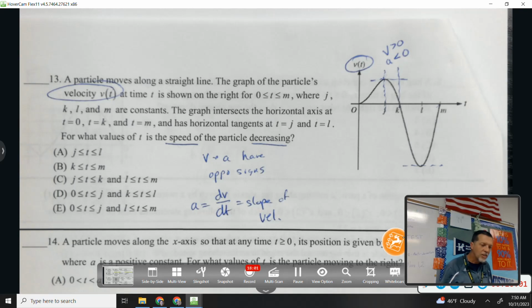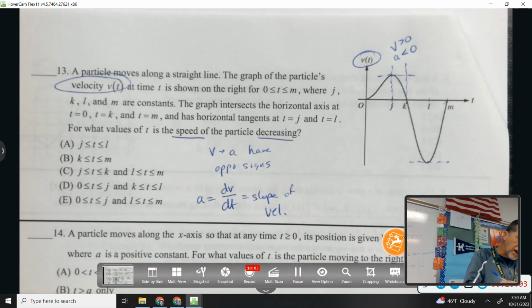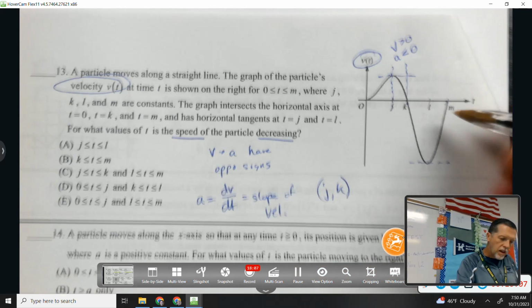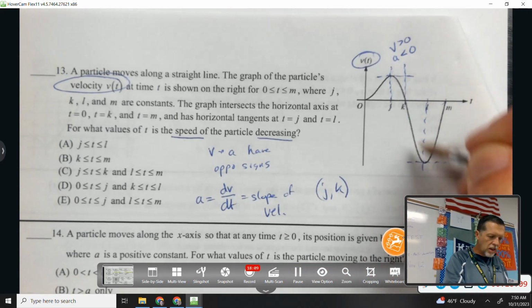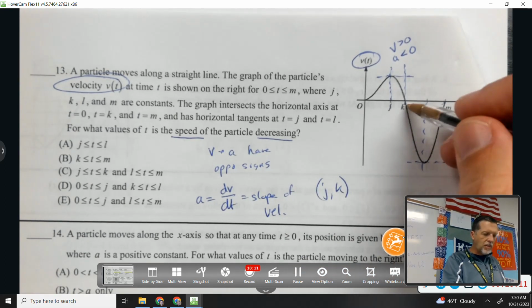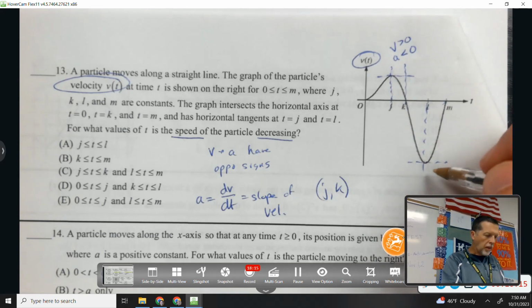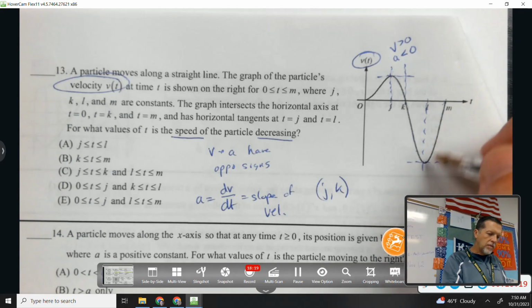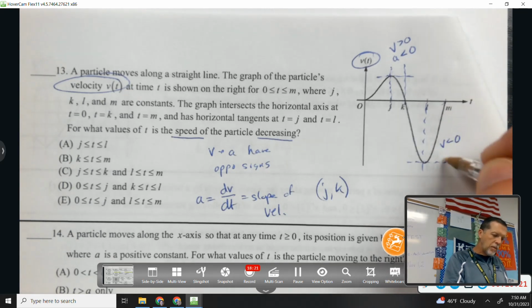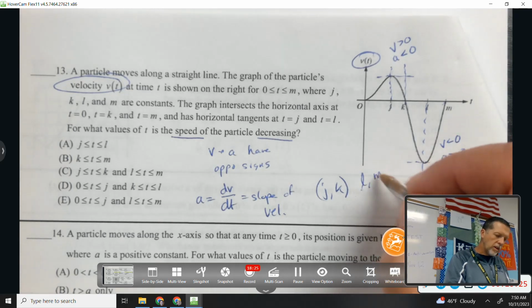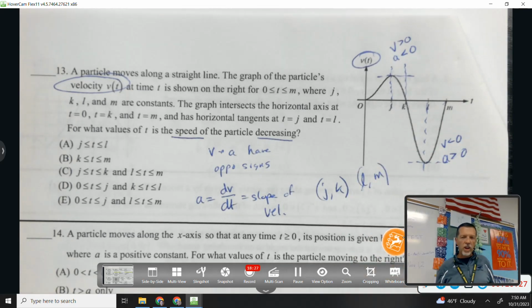So J to K is definitely one of the spots. K to L, velocity is negative and acceleration is negative, so that's speeding up. And then L to M, velocity is negative, but acceleration is positive, so L to M. So J to K and L to M.